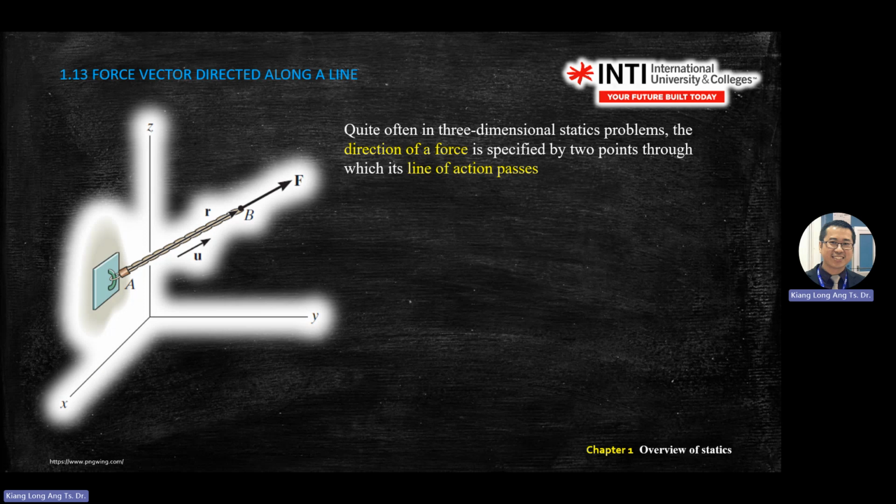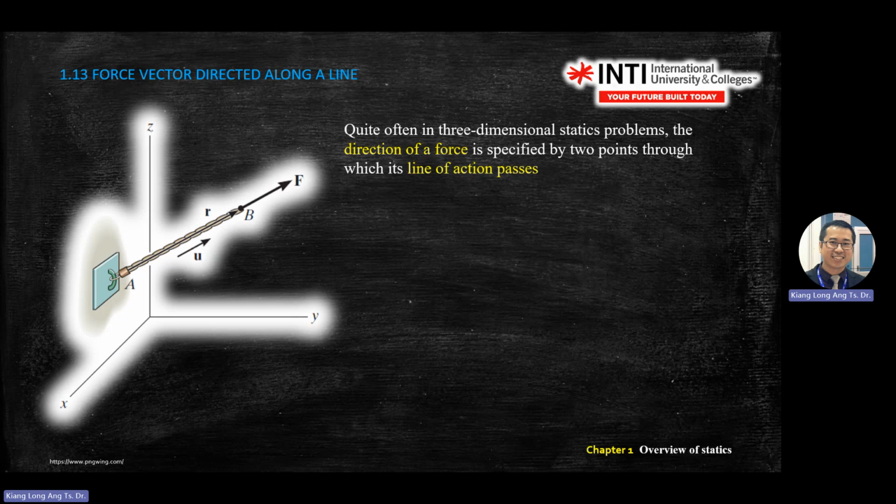The force is acting along the cable. So if you see a force pulling from a cable, this force is acting along the cable. Don't shift your force to somewhere else. You follow the cable, then you draw.